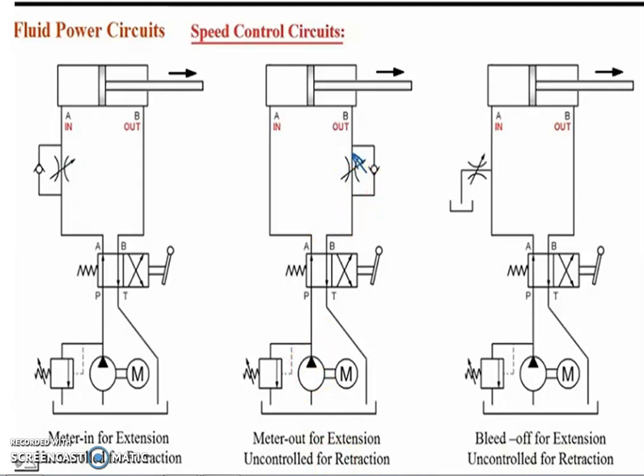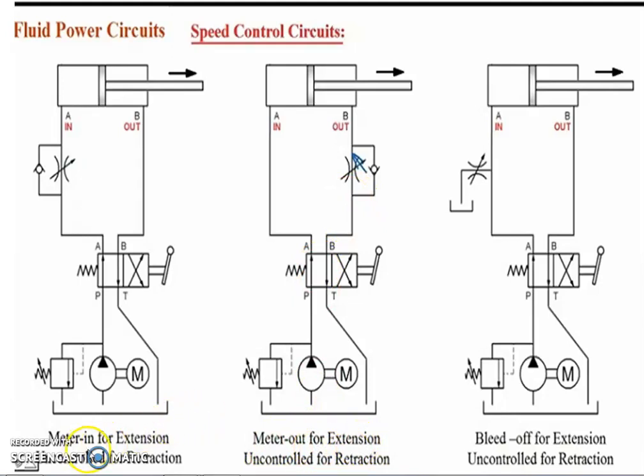So in meter out circuit, in first position, hydraulic oil flows through P to A. Oil is admitted through this P to A, and whatever oil is present on this side flows through this flow control valve. We control the amount of oil through this outlet at outside. So this circuit is called as a meter out circuit.